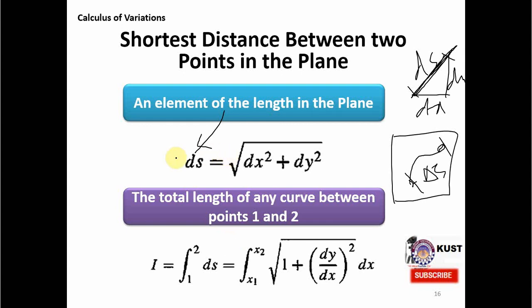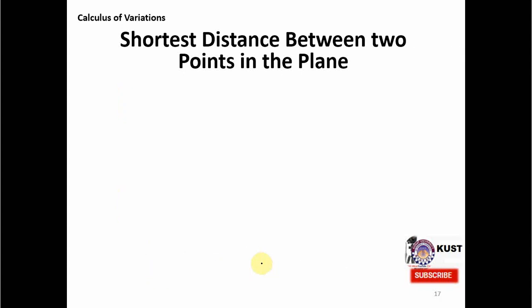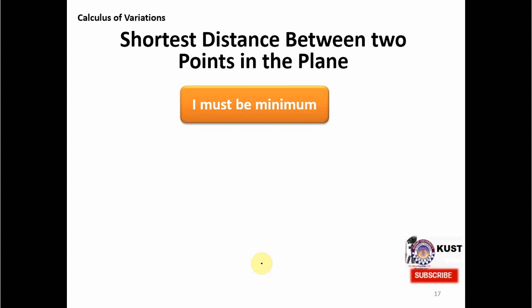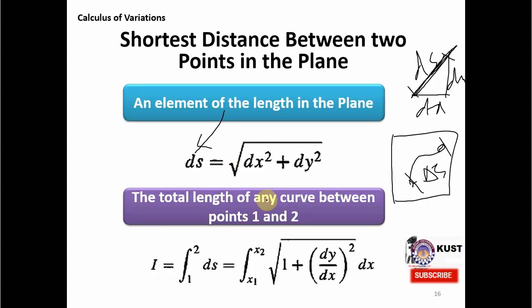First of all, define the length element, and then define this integral, and the next thing is to calculate the minimum. For this, we have to define a function, and this function we have already defined over here. You can see this is the function f. If you remember, we defined this integral previously equal to J, between points x1 and x2, and here it was a function f of y, y dot and x.